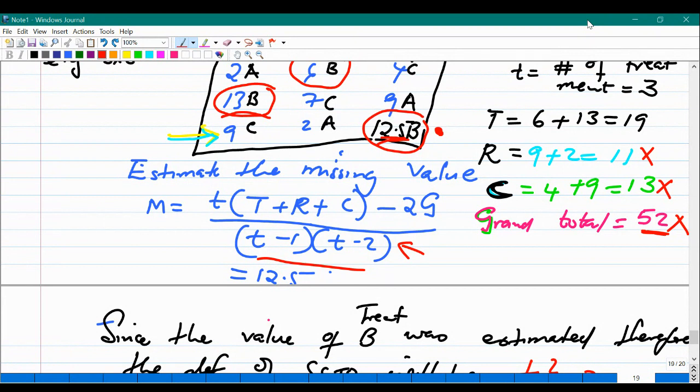You can say 12.5 is equivalent to 13, and you replace it with 13. But I was saying, to avoid confusion, you can write the value the way it is. And again, it is controlled by the given statement. Let's say these are numbers of people. We counted the number of people. You cannot say there were 12.5, isn't it?